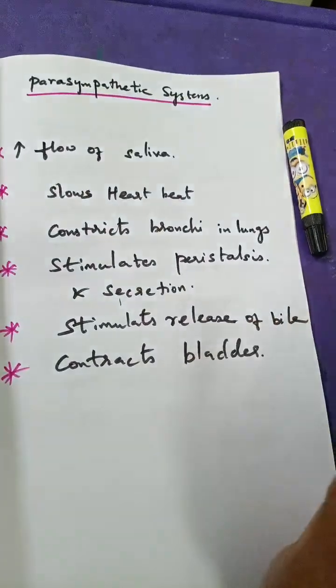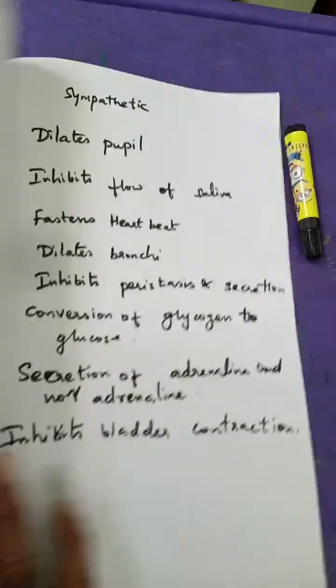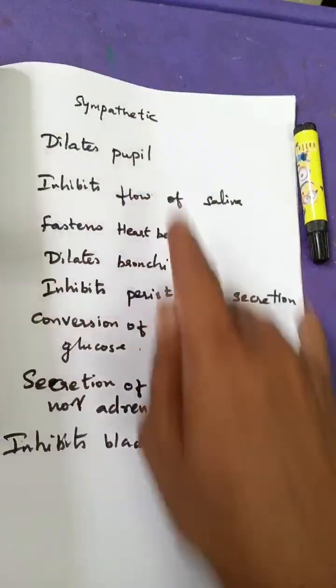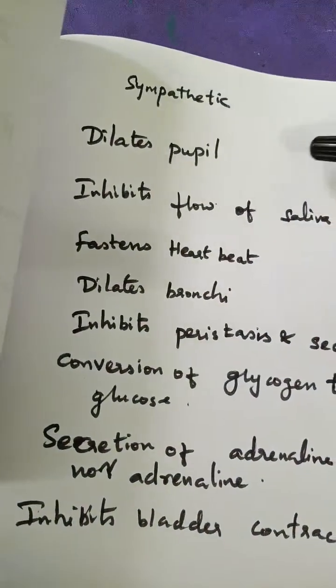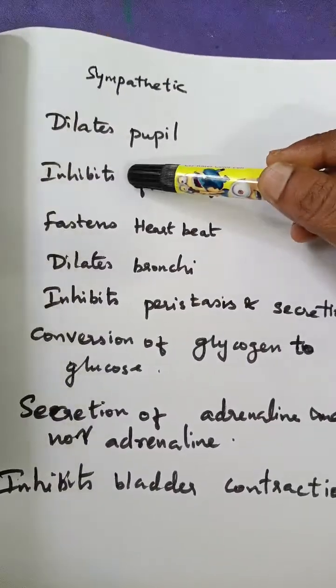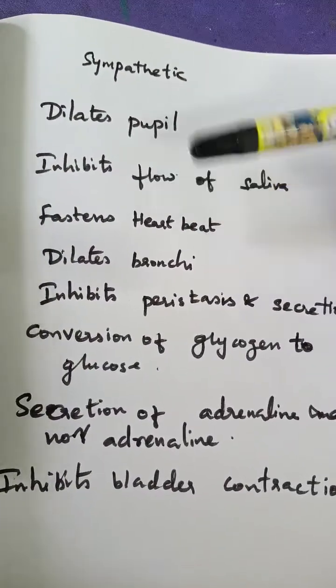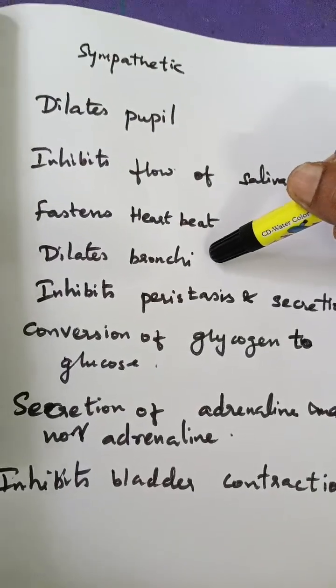It will decrease the release of bile and relax the bladder. So this is about sympathetic nerves. It dilates the pupil, it inhibits the flow of saliva. Inhibits means reduces or even stops. It fastens the heartbeat, and it dilates the bronchi.